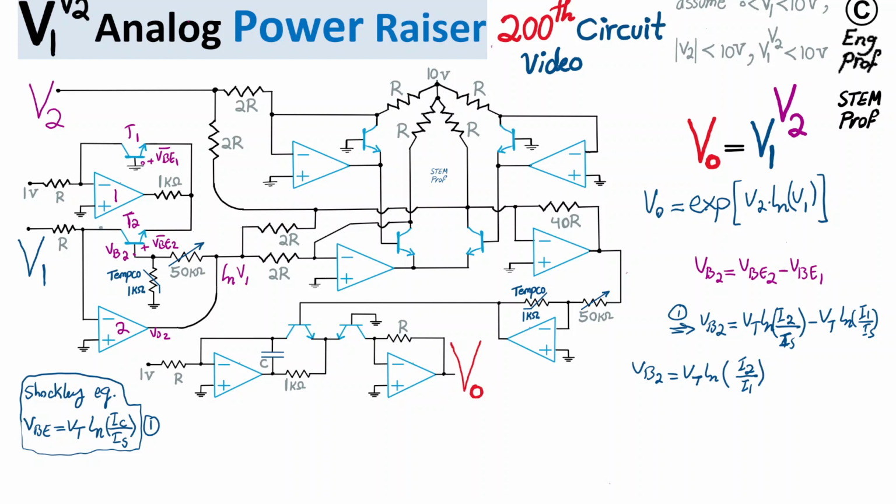Now, I2 is this current. I'm going to show on the schematic here, close to the transistors T1 and T2, that the current I1 is this current and the current I2 is this current. Obviously, for the case of OpAmp 2, no current can go through the input terminal of the OpAmp, since it has infinite impedance, so let's say 0 microamp or 0 milliamp.